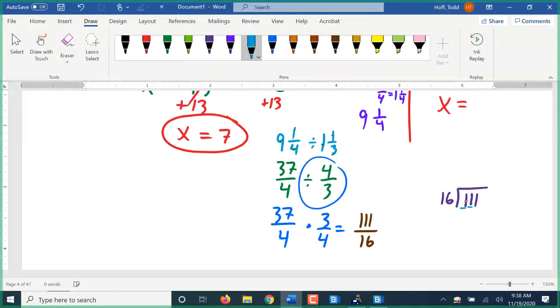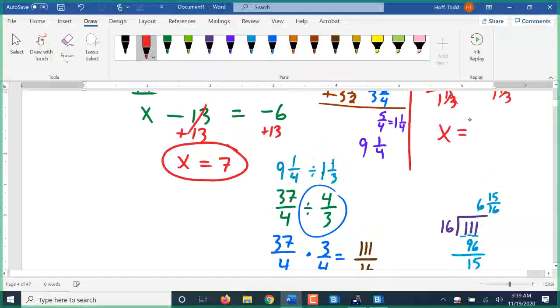It does not go into 11. It does go into 111 6 times. 6 times 16 would be 96. So that would be 15 left over. So 6 and 15 sixteenths. So x is 6 and 15 sixteenths.